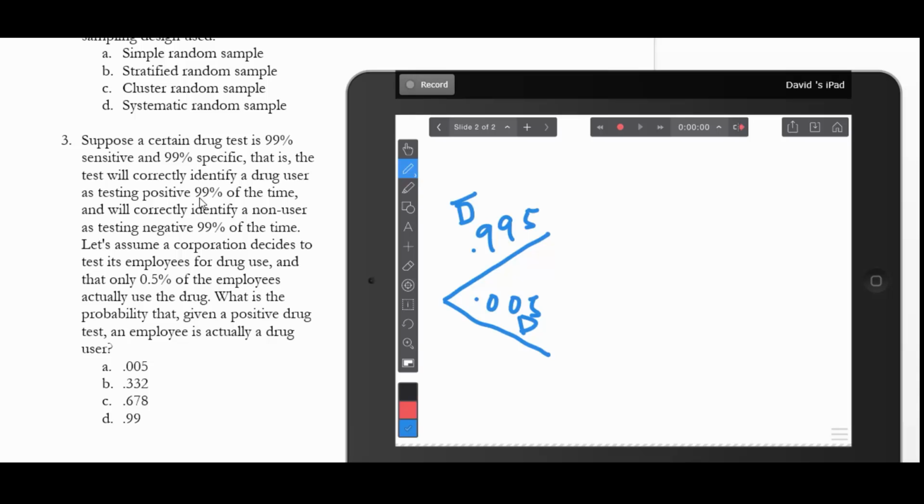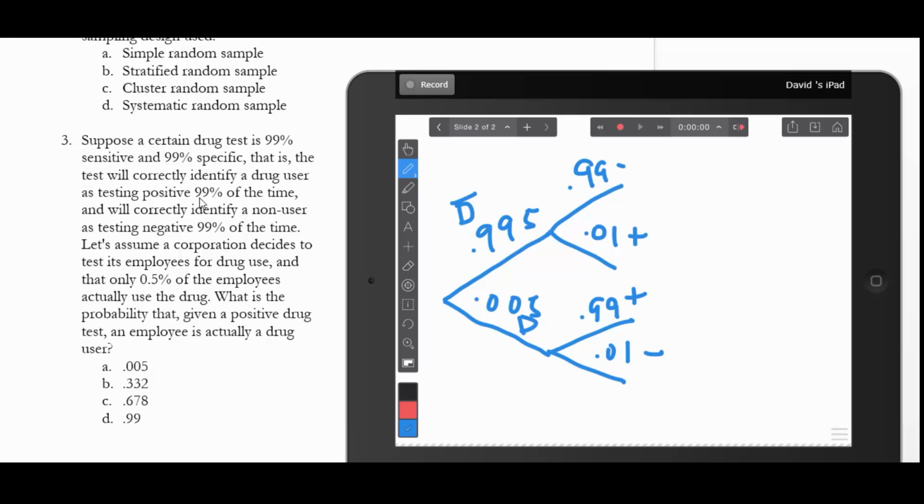So if they don't use the drug, we get a negative test that says they don't use the drug 99% of the time, and a positive test 1% of the time. And if they are using the drug, we get a positive test 99% of the time. They do use it, and it says they do, and a false 1% of the time, a false negative.